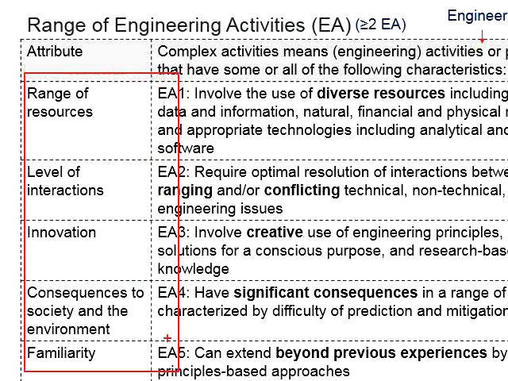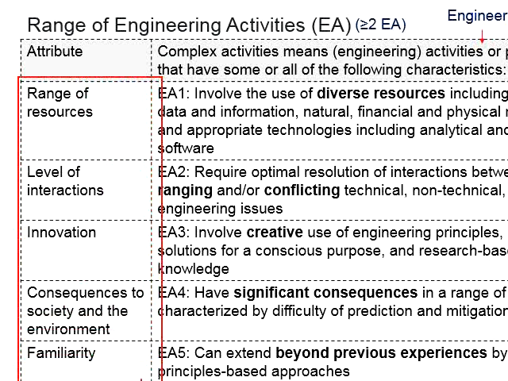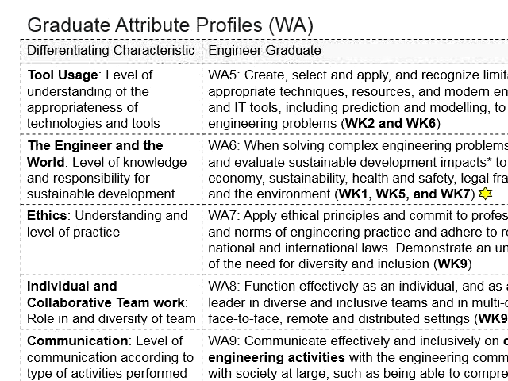These are the attributes. An activity is considered complex when it has at least two of those attributes. Otherwise, it is not considered complex. This is the only graduate attribute related to complex engineering activities.